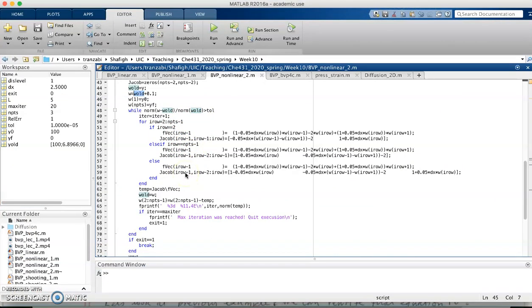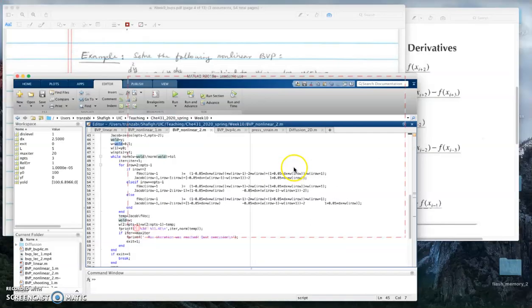So I'm going to go over maybe the generic one, but you can easily construct the other 2. So in a generic case, this is our f: 1 minus 0.05 dx. This is, let's say, yi, and I have w, but in the notes it's y. I don't think there's a difference. So this is yi, and then yi minus 1.